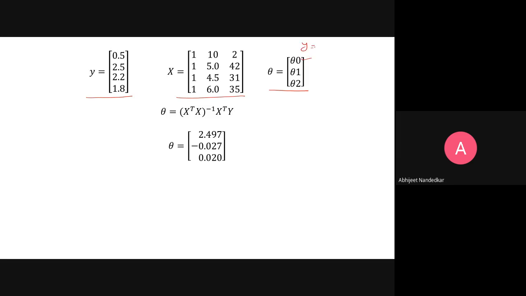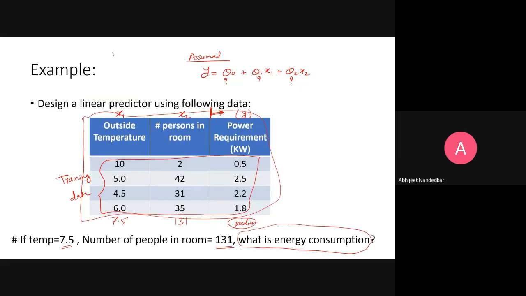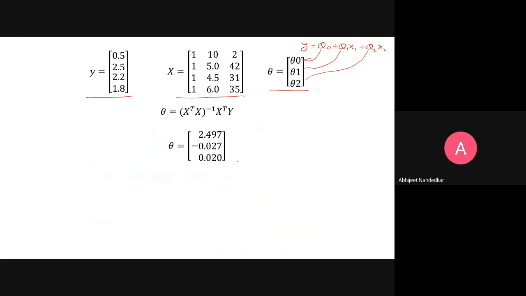As my model is theta 0 plus theta 1 x1 plus theta 2 x2, theta 0 goes here, theta 1 is written here, and theta 2 is here. From the table, I take all the output values: 0.5, 2.5, 2.2 and 1.8. I am writing this as the output, so y is equal to this.